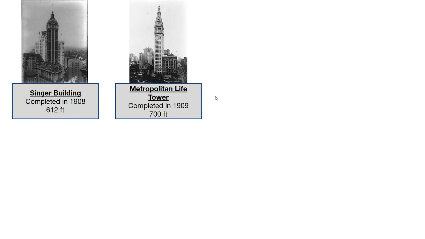So quickly, let's go over the history of the tallest buildings in the world from 1908 to present time. Most of these were actually in New York City up until the end of the 20th century. I don't know as much about these early buildings, but I want to show you the progression of height over time.